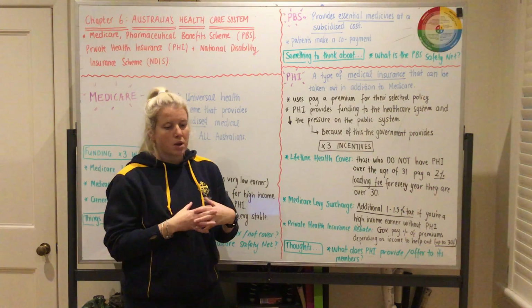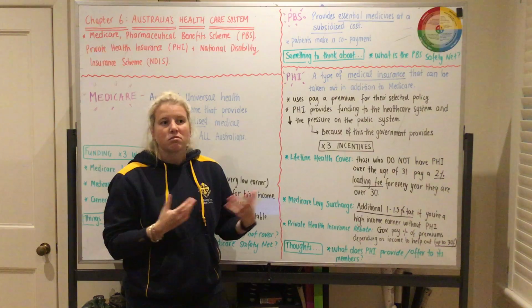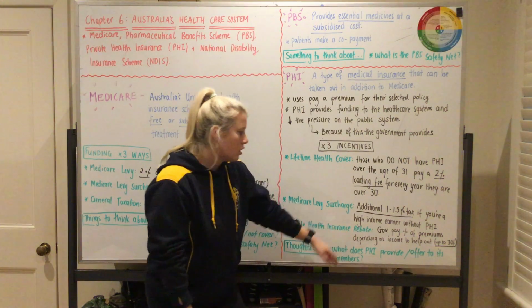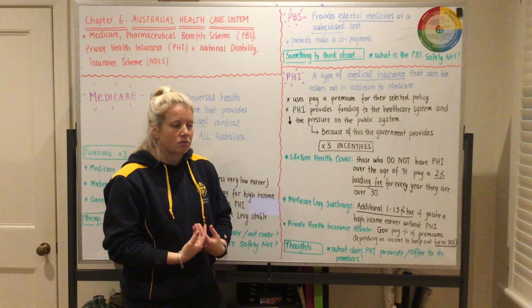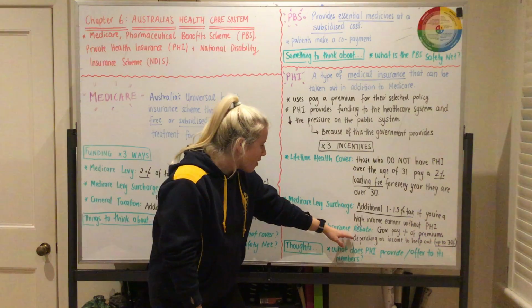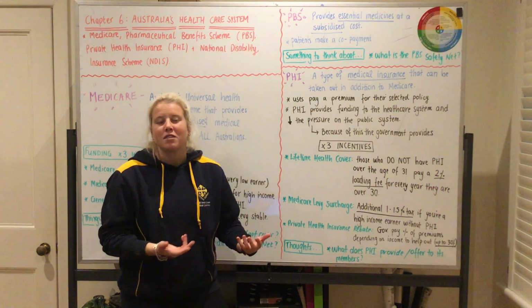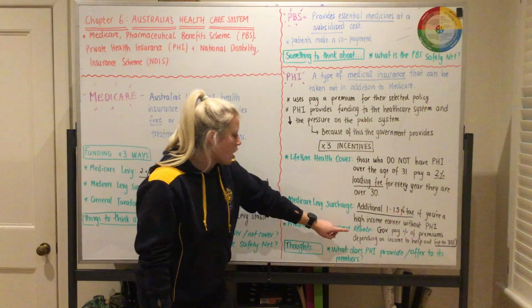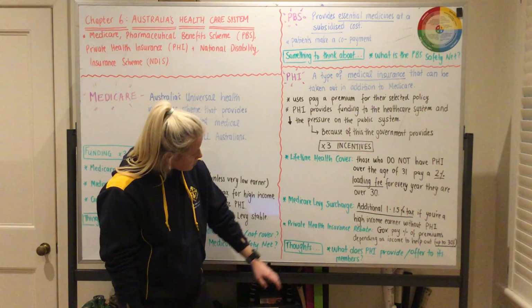So whatever my premium would be, I get 26% off. And that's to help me out. You know, I'm not driving around a Ferrari. So they figure that I need a little bit of encouragement to take out private health insurance, which I appreciate. So yeah, up to 30% rebate.